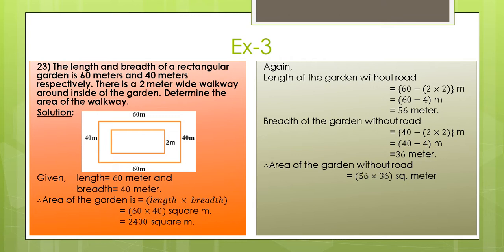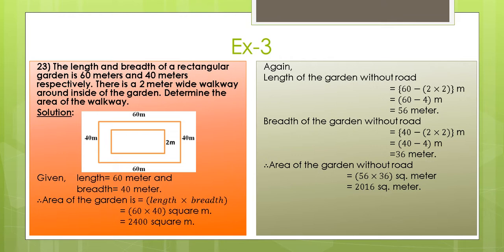New length is 56 meter and new breadth is 36 meter. If we multiply 56 multiplied by 36, we get 2016 square meter. So my dear students, on the left side you can see area of the total garden 2400 square meter, and on the right side you can see area of the garden without road.